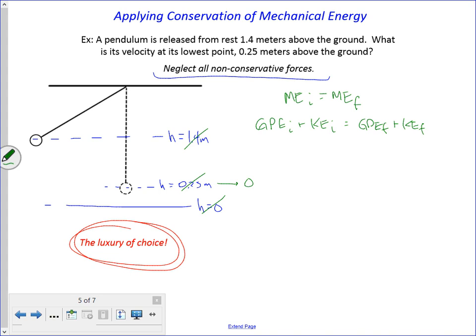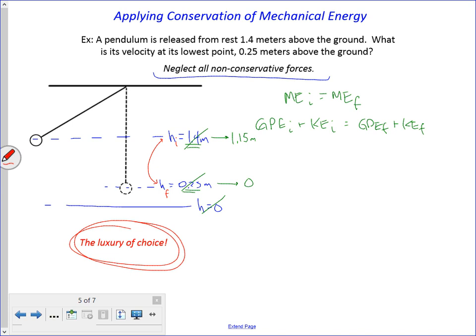So we take this down from 0.25 to 0. Well, then we have to take this down from 1.4 to 1.15 meters. Notice the important part is the difference in height. This initial height is 1.15 meters above this final height. That's what's important, the difference.